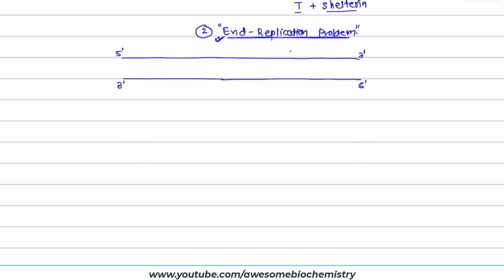Now, when this DNA undergoes replication, we know that while synthesizing new DNA, the template strand is read from the 3' direction to the 5' direction. The first piece to be incorporated is the RNA primer. Let's say this is the RNA primer. Once the RNA primer is in place, only then does DNA synthesis start. So this is the new DNA synthesized.